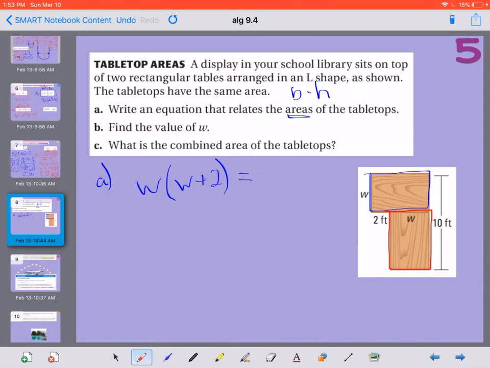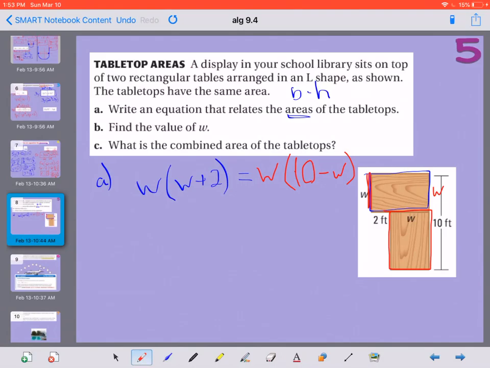This one is W times, well, we know that this side also has to be W if this side is W. So this one has to be W, or not W, but 10 minus W. So here's our equation.